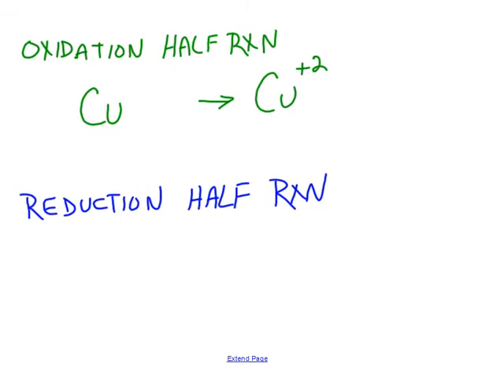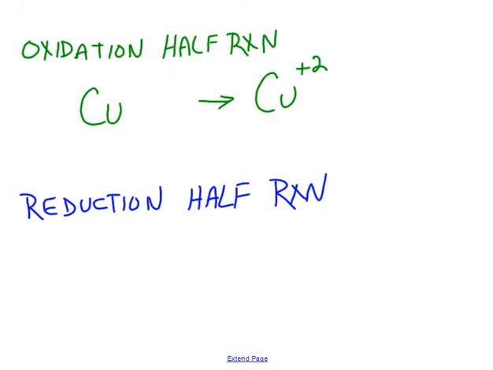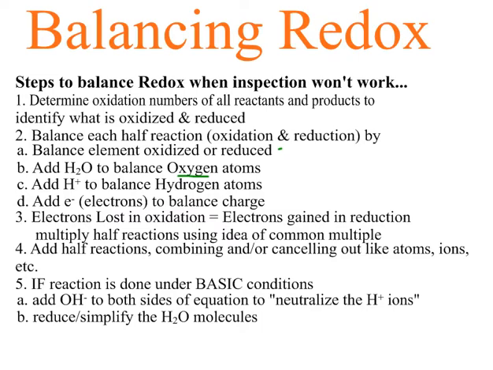For the oxidation, copper is oxidized. The next step is to balance the oxygen atoms by adding water. Well, in this case, there is no oxygen to balance, so we don't have to do that step. The next step says we need to balance the hydrogens, but again, there is no hydrogen, so we don't have to do step C.